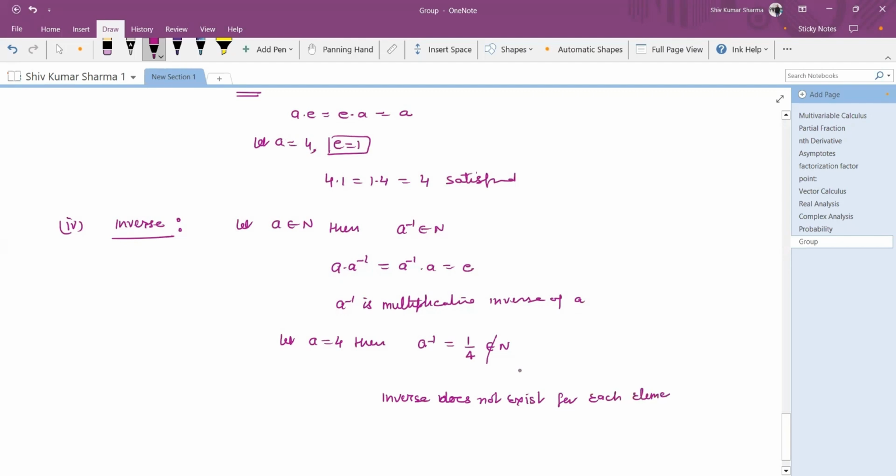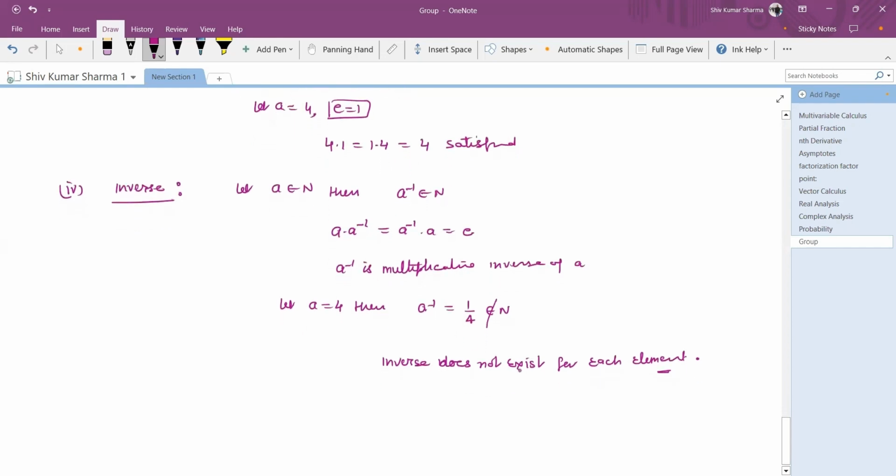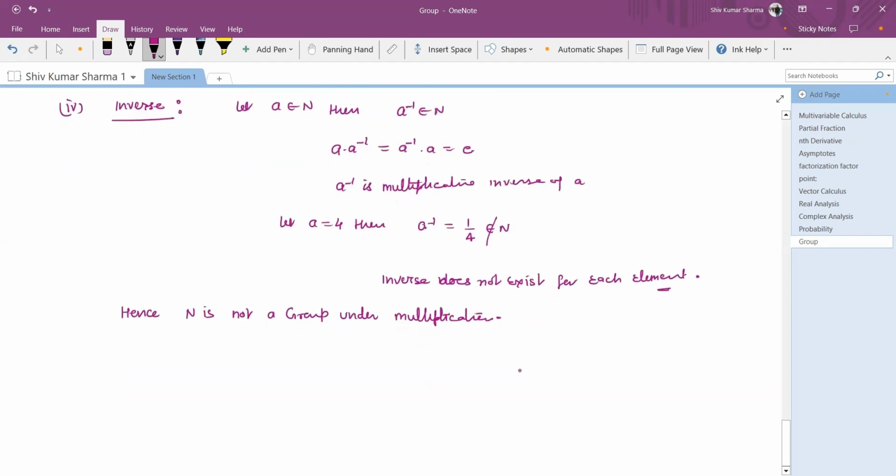We need the inverse of each element to exist in the same set. So hence we can say that N is not a group under multiplication.